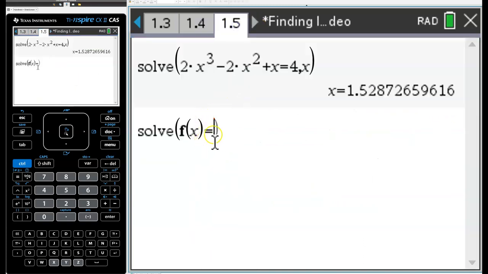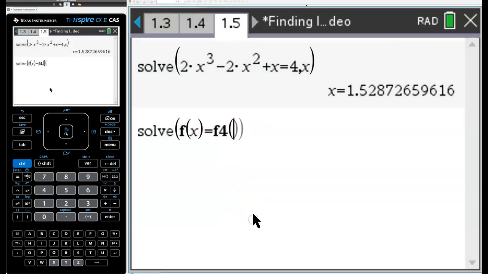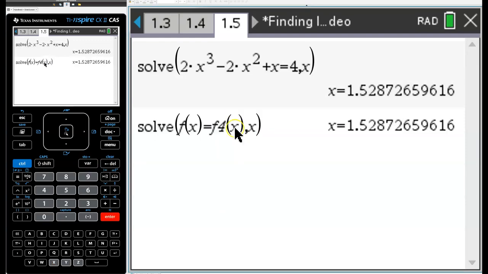So when is f of x equal to, and I'm going to go back to my VAR and choose f4, hit of x, comma, let it know I want to solve for x, hit enter, and we get the exact same answer. So if you graph your functions, they are stored and you can use them in a calculator. This is very useful when you're reusing a function multiple times.